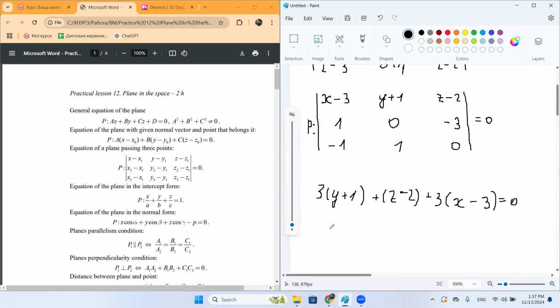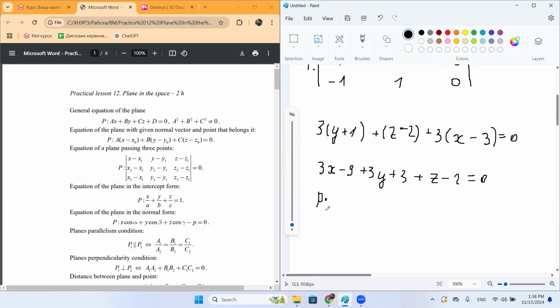So finally, oh yeah, let's expand the brackets. So 3x minus 9 plus 3y plus 3 plus z minus 2, oh, minus 2, not minus 1, and it equals 0.